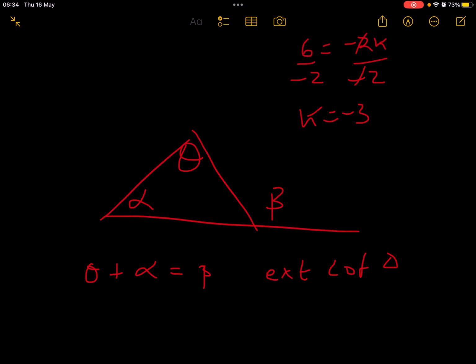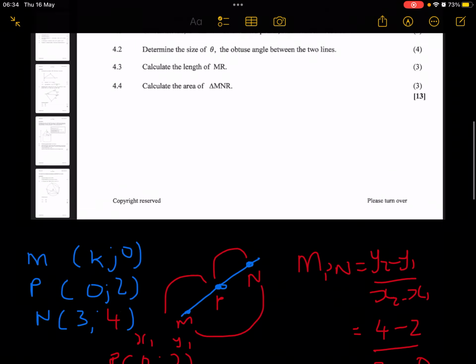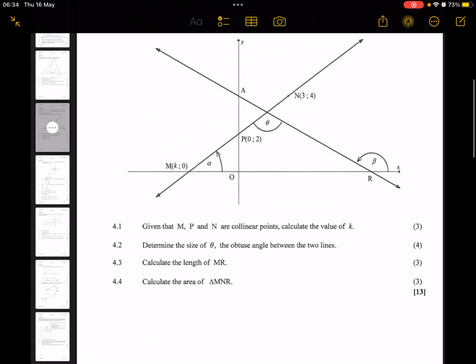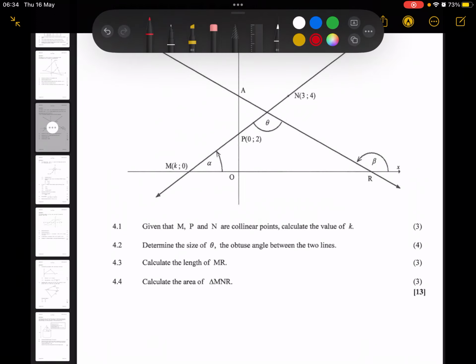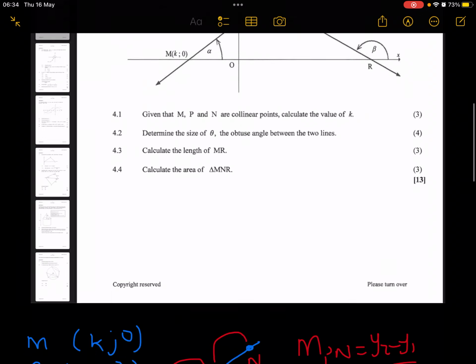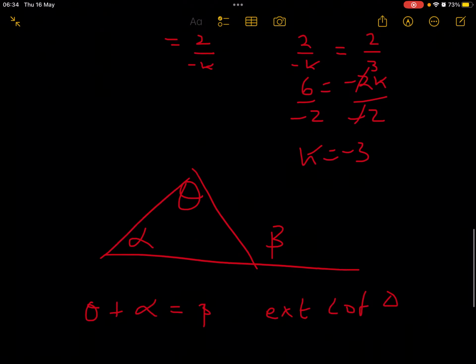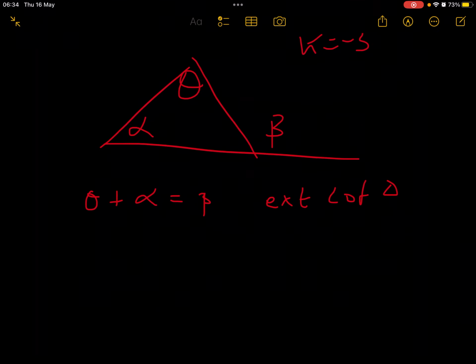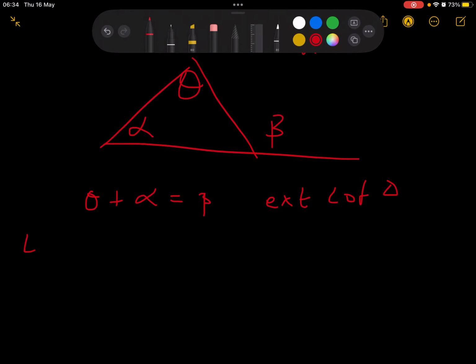The first thing we're going to do is to calculate the gradient of alpha using the gradient of PN. Now, we already have the gradient of PN. So in 4.2, we just say PN is equal to 2 over 3.